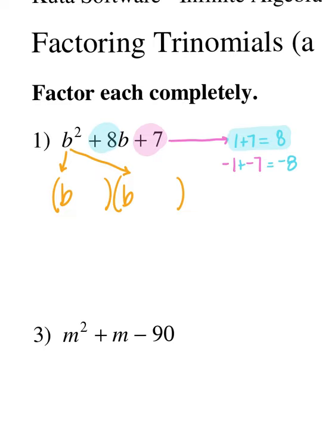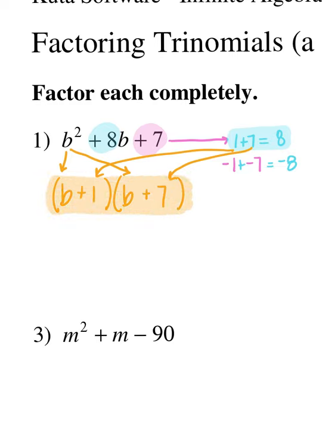So now I'm going to plug in my numbers from over here. I have a positive 1, so plus 1, and a positive 7, so plus 7. So B plus 1, B plus 7 is the answer to this.